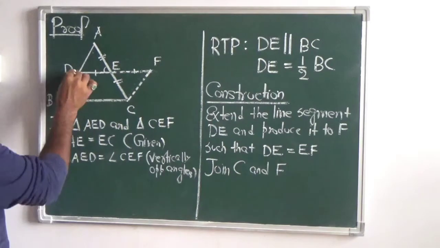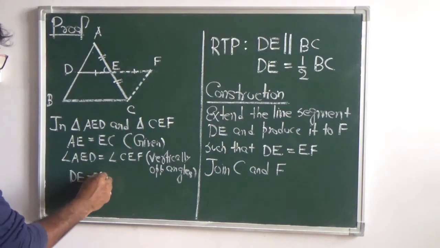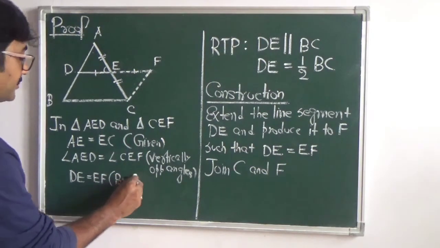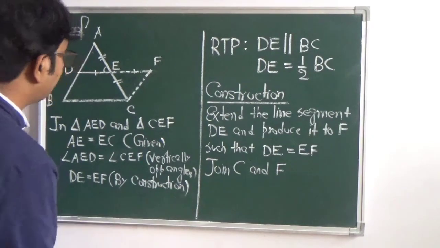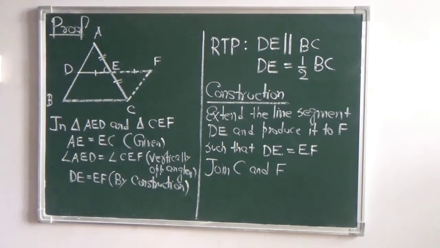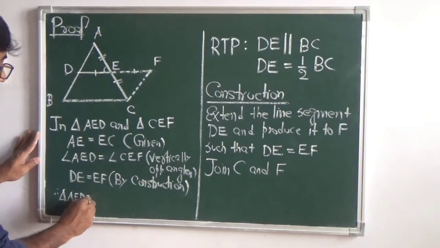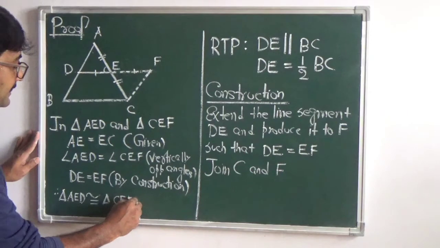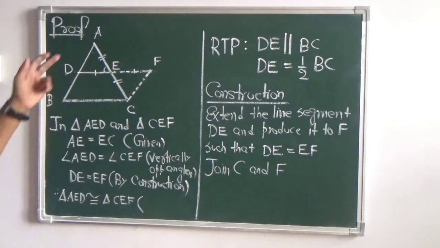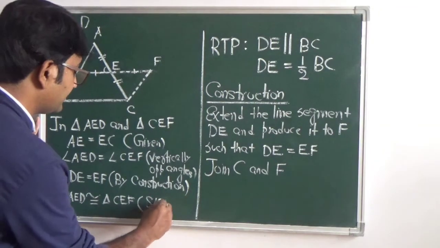And also DE equals EF by construction. So we can see that triangle AED and triangle CEF are congruent. Therefore, triangle AED is congruent to triangle CEF, and the criteria here is side angle side, SAS rule.